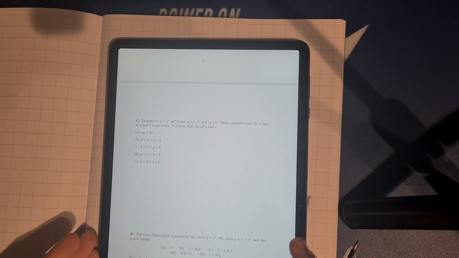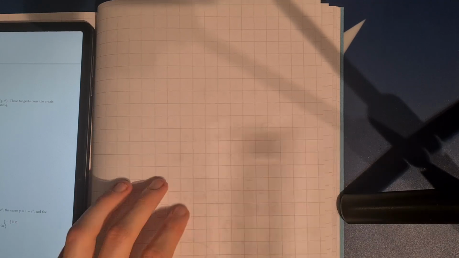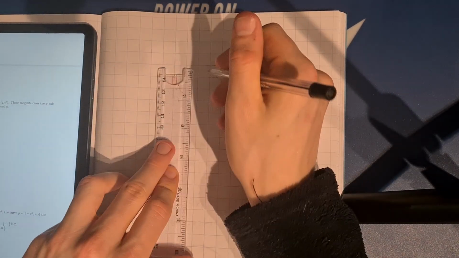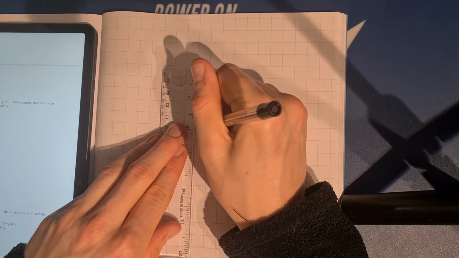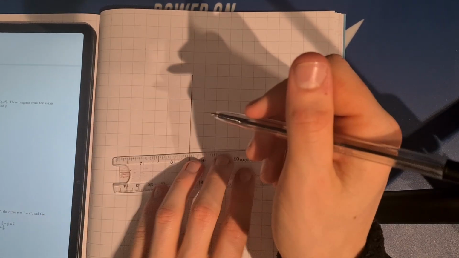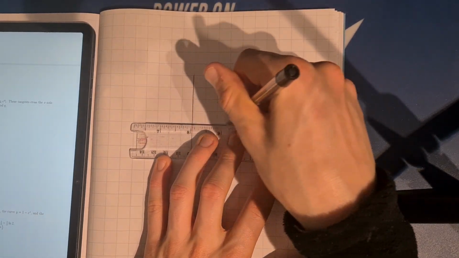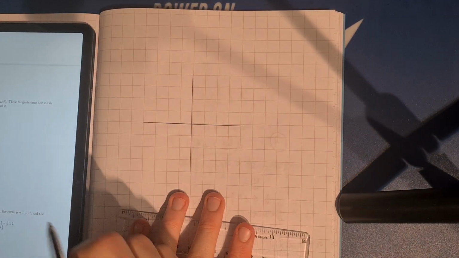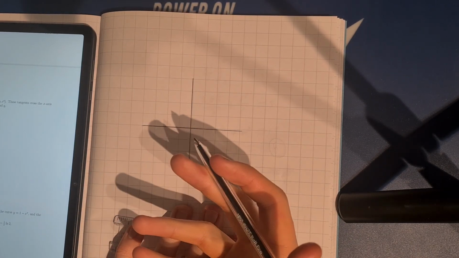We should probably draw this. So where's my ruler? I'm not going to use a pencil, although you should. I'll just draw a little diagram here. Okay, y equals e to the x.